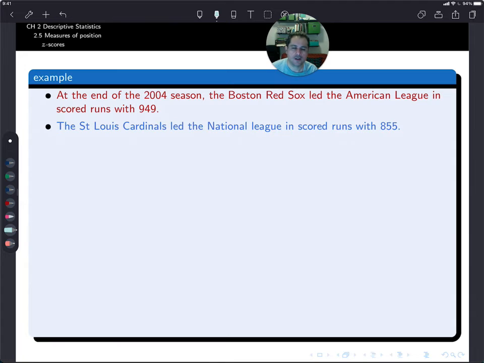Anyway, a few years ago, they changed the calendar a little bit, and within the season there are interleague games. So teams from the National League do play teams of the American League, and they follow the rules of whoever is the home team.